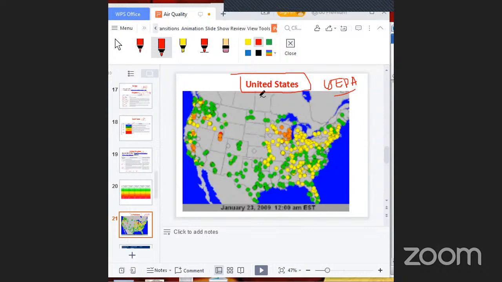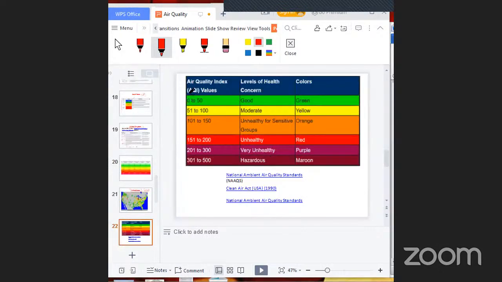It is divided into 6 categories indicating increasing levels of health concern. An air quality index value over 300 represents hazardous air quality, and below 50 the air quality is good.